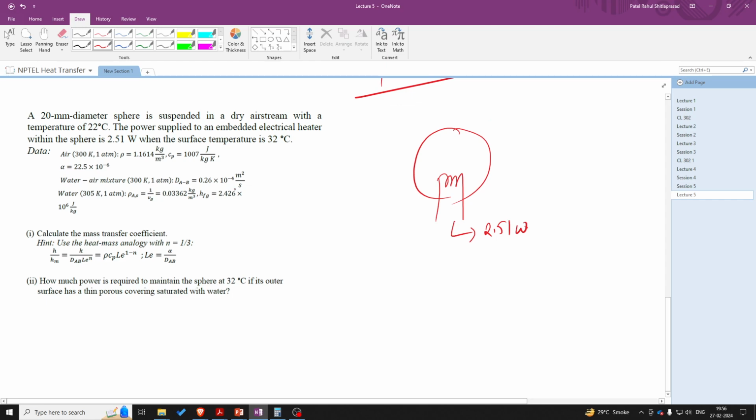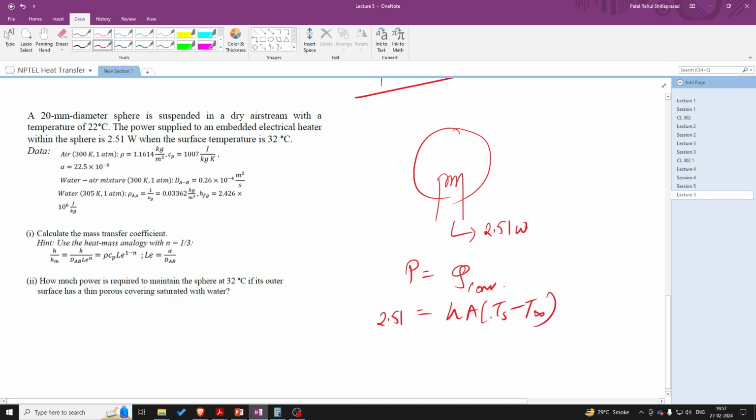Basically all the power will be dissipated by heat transfer, not via mass transfer. If you write the energy balance, all the power will be due to the Q of convection. So you can equate the power given, 2.51 watt, to hA delta T, that is Ts minus T infinity.